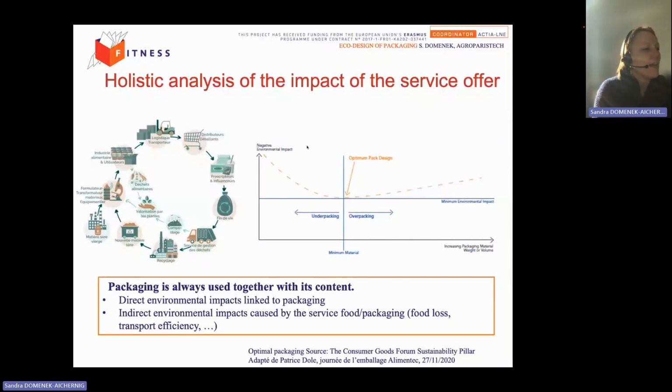And so in that case, you are decreasing the environmental impact of the whole service offer. But whenever there is too much packaging, then the environmental impact is increasing again. And that's why we need to seek this optimum packaging design.